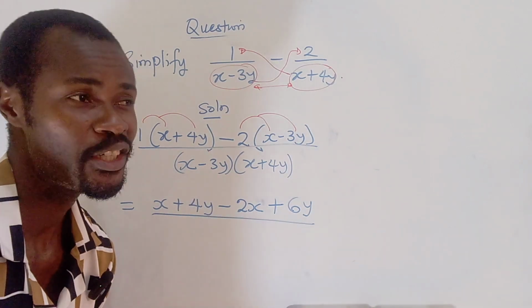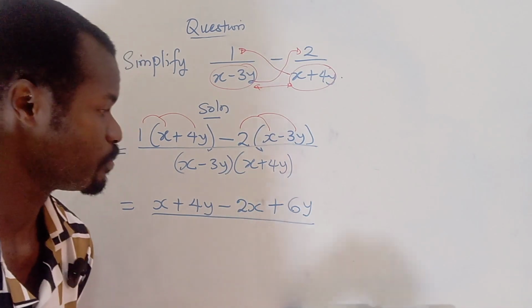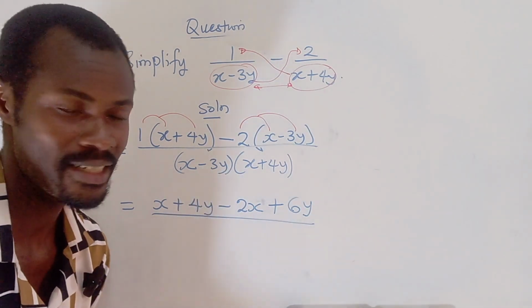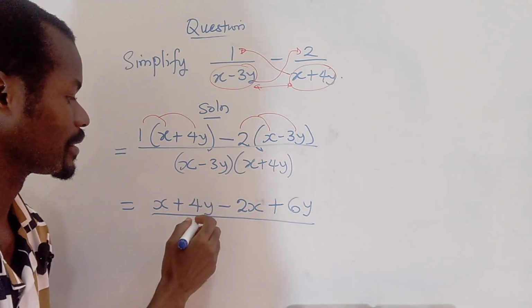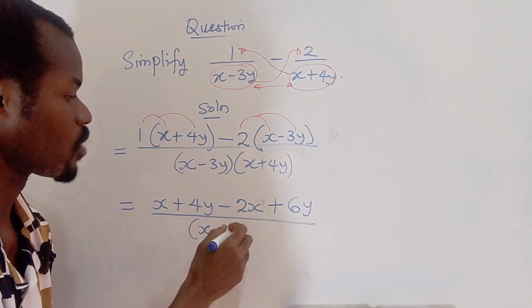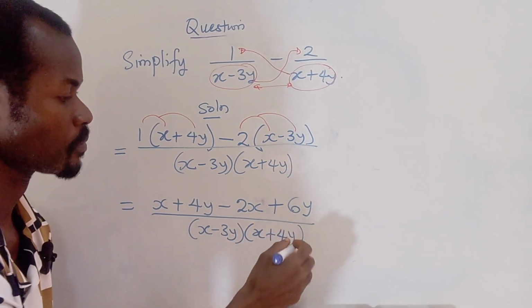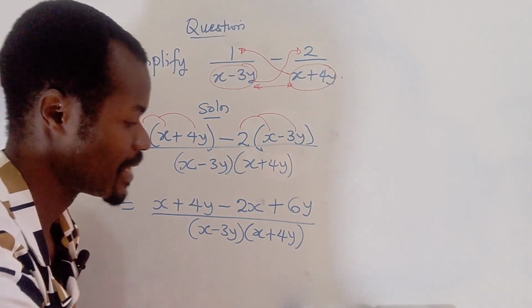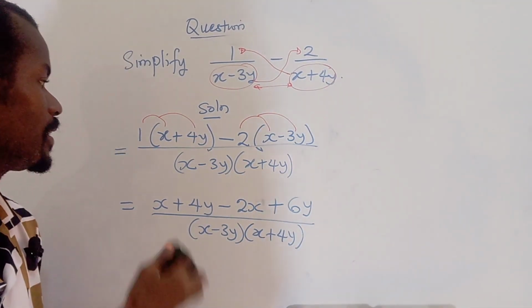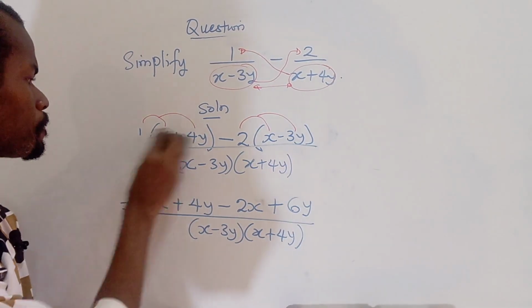But for this video, I won't be opening the bracket at the denominator. So we are going to leave it at x minus 3y multiply x plus 4y. So at this point, we are now going to simplify the numerator.